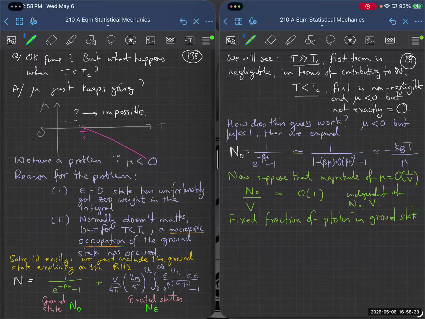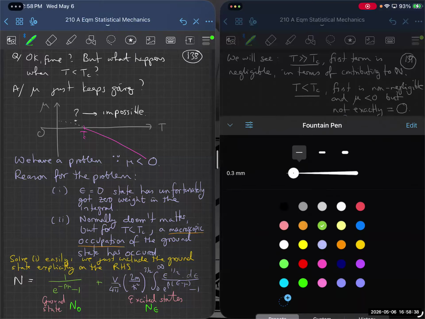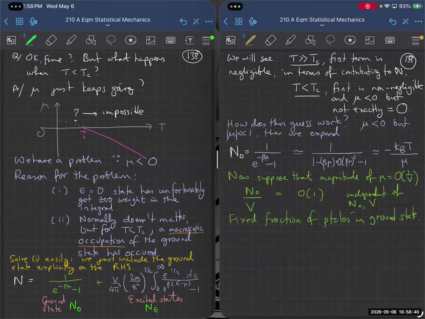So it's not that there's 100 particles in the ground state. What we care about is, as I make the system bigger and bigger, does the number of particles in the ground state scale with the size of the system, so that the density stays constant. And this idea that the chemical potential below Tc is a number that scales as 1 over V would allow that to happen.